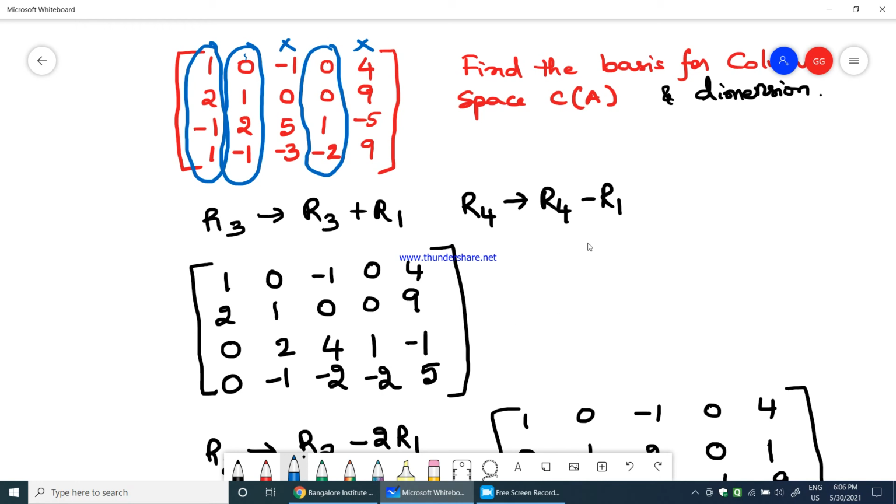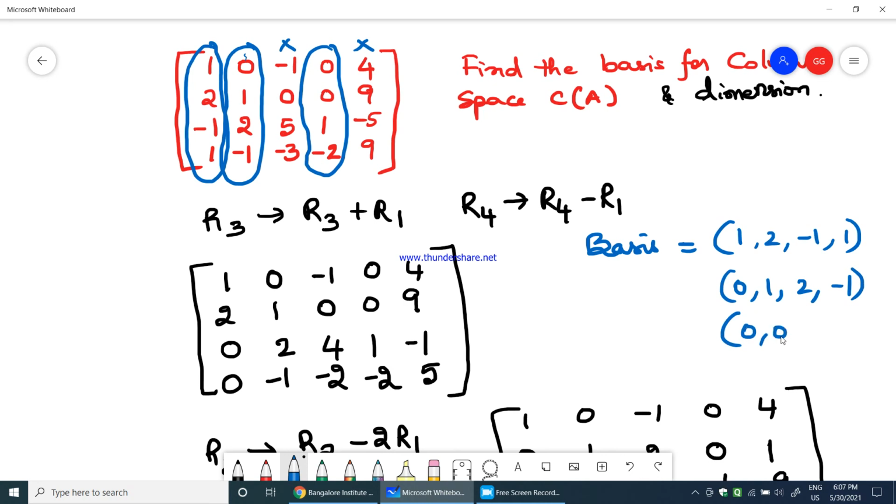Therefore the basis for this problem is 1, 2, minus 1 and 1; the second is 0, 1, 2 and minus 1; the third is 0, 0, 1 and minus 2. And the dimension, the number of basis vectors, is equal to 3.